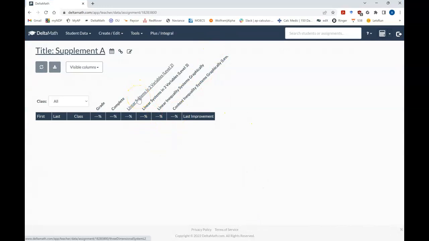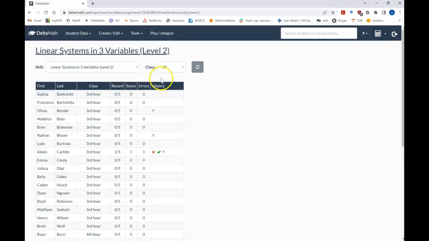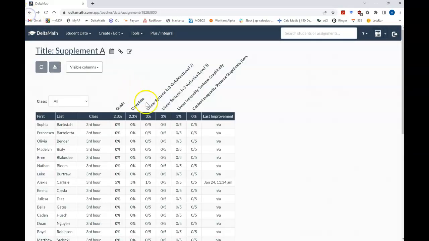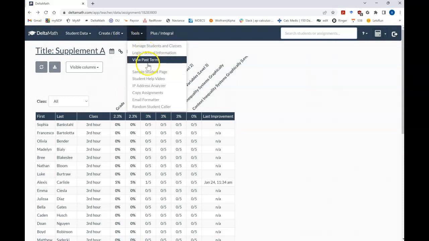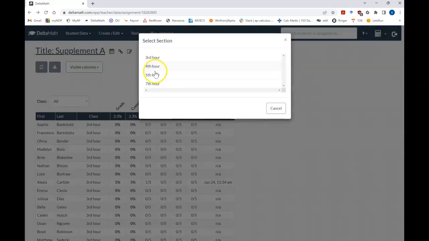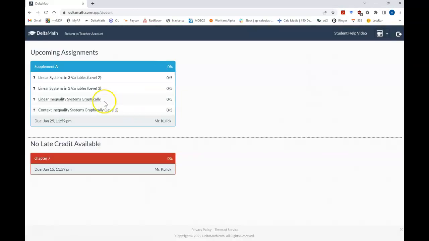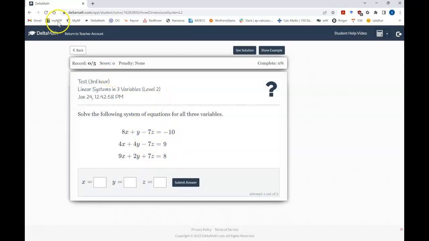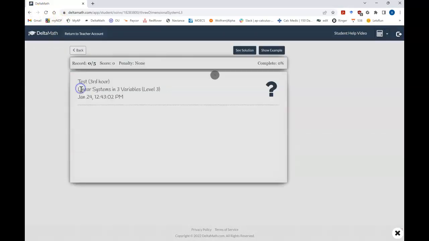So there's 4 sets of problems. There's 5 problems in each set. Sample student page. This one looks good. So solving systems, 3 variables.